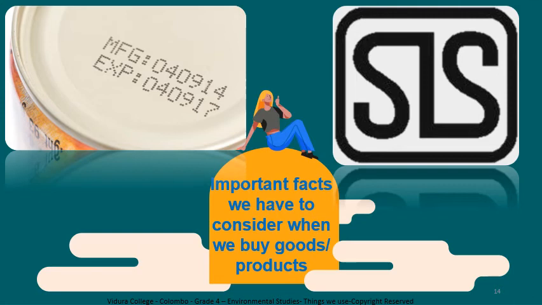We must check the expiry date because using outdated products will cause us diseases. From manufacture date, we can identify the time that it has been manufactured. That means the time it has been made. From the SLS mark, we can know the quality of the product.